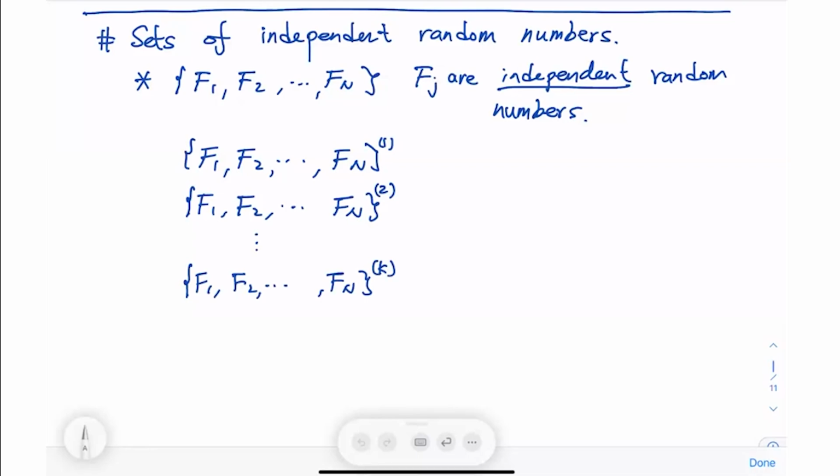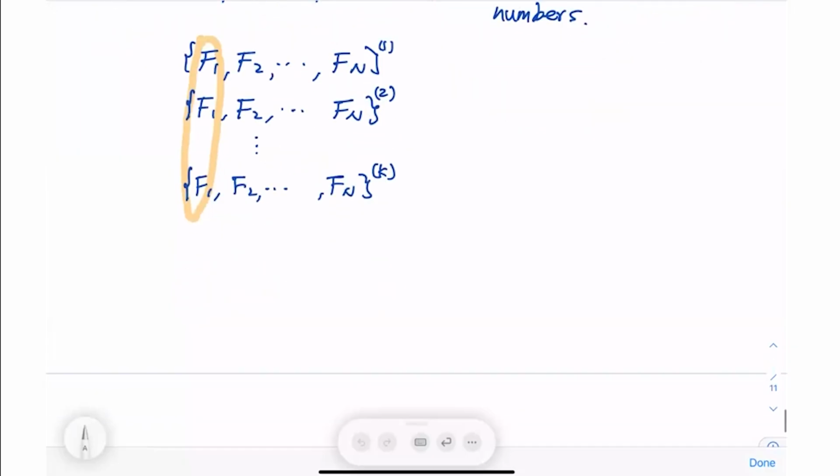Okay. So in principle, if you just generate these random numbers with the same physical system, for example, you use the same coin or the same sets of dice, then the result that you got from the first column, for example, if it is a coin, then you should have the probability of being +1 or -1 with probability weight 1/2.